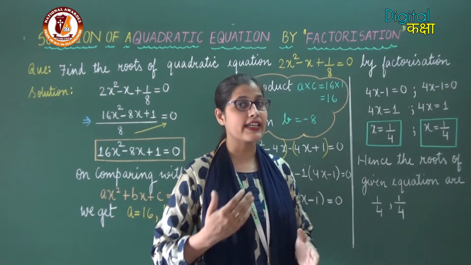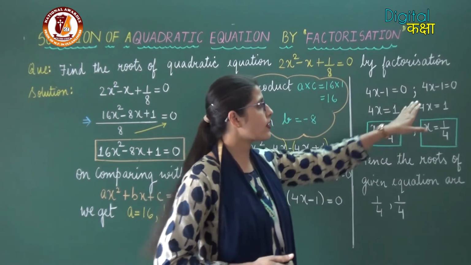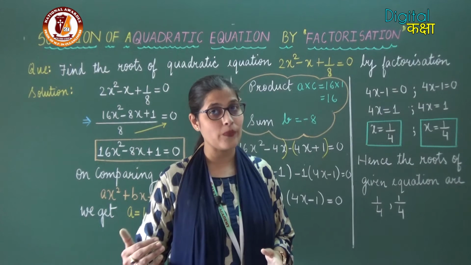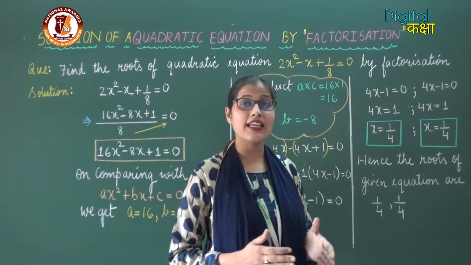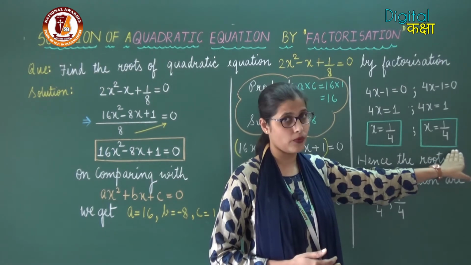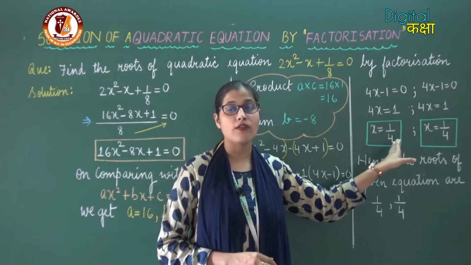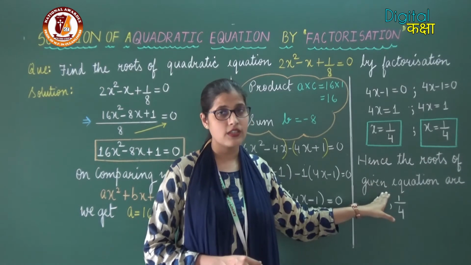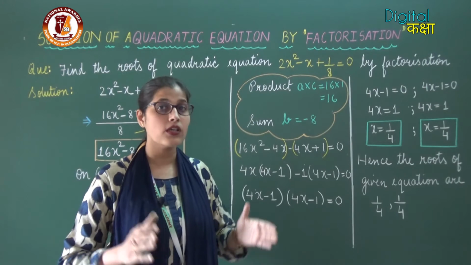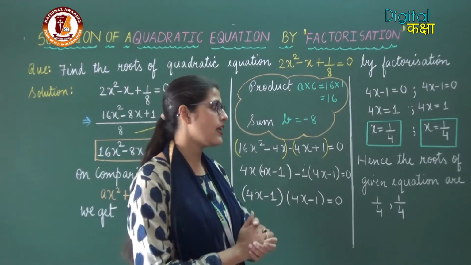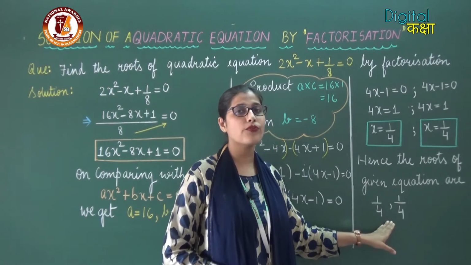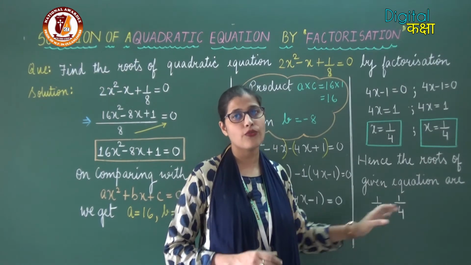Similarly, for the second factor, which is 4x minus 1 again, we will be equating it to 0 and we will be getting the value of x equals 1 upon 4. As we get the zeros of the given quadratic equation, this is the solution of the given quadratic equation. Hence, the roots of the given equation are 1 upon 4 and 1 upon 4.